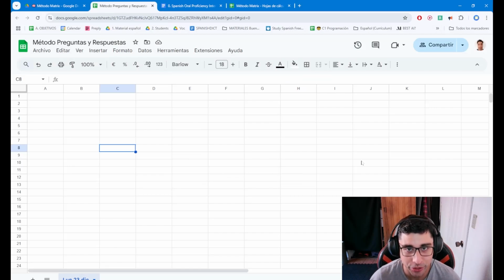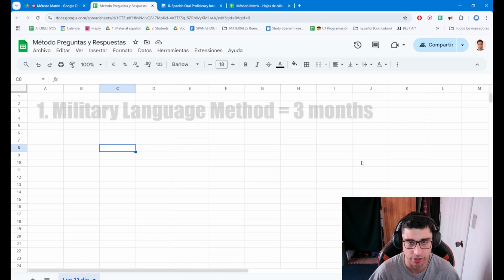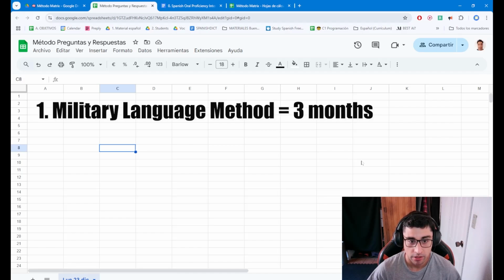Today I'm going to share with you how you can learn Spanish just using Spanish, okay? This method is very useful and efficient. I use this method with my students, and believe me, you can start speaking Spanish from day one, okay? But of course, it's good to mix different methods, okay?